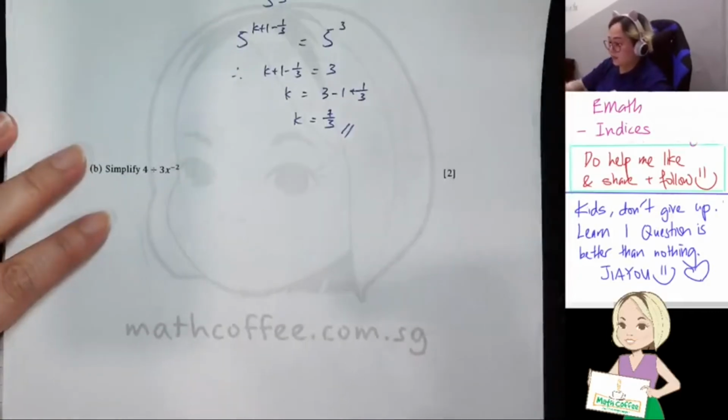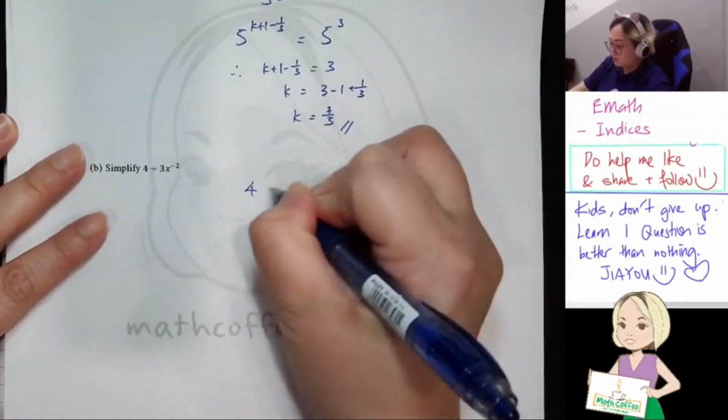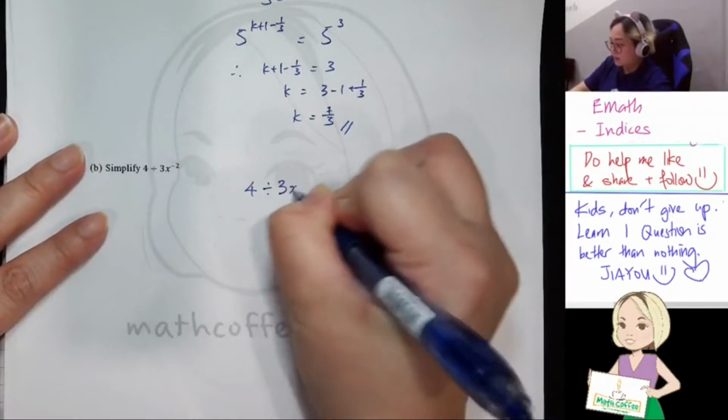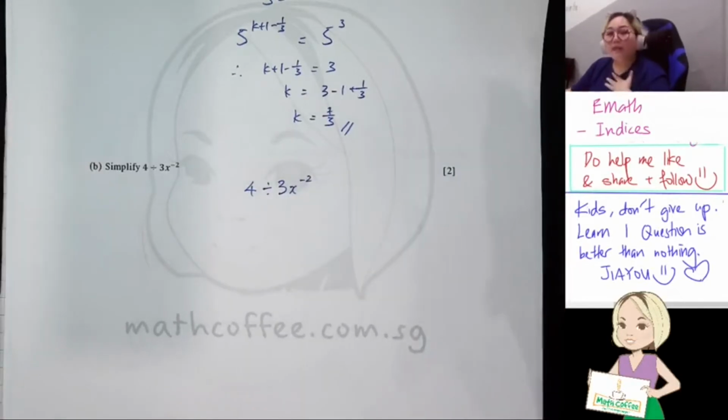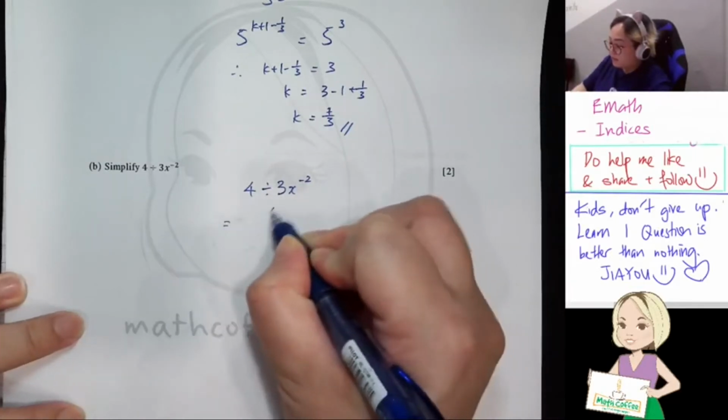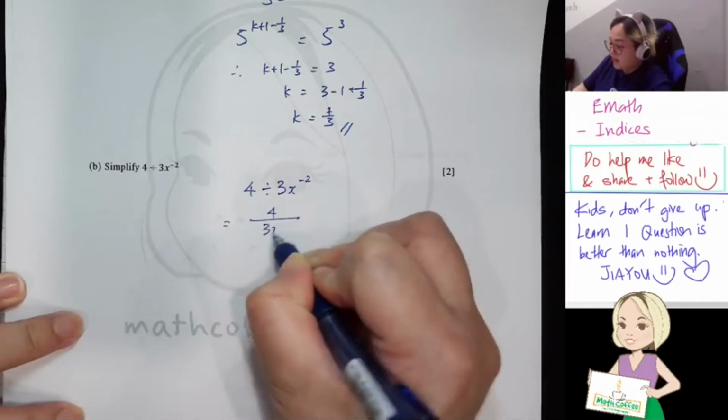Okay, over here, next. 4 divided by 3x to the power of negative 2. For divide, I like to write it in fraction form. So this one, I will rewrite as 4 over 3x to the power of negative 2.